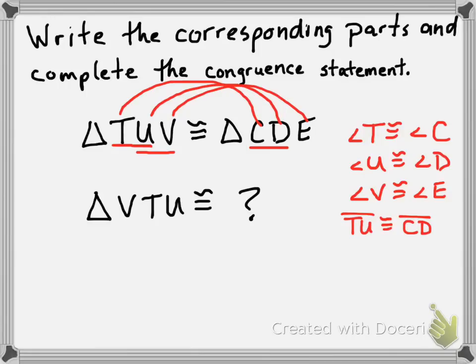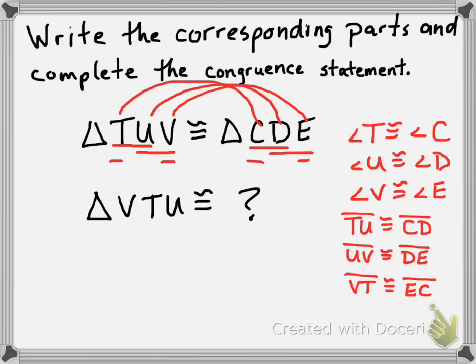Then the second and third letters: segment UV is congruent to DE. And then the last side goes from the third letter to the first letter, so VT and EC. So line VT is congruent to side EC.